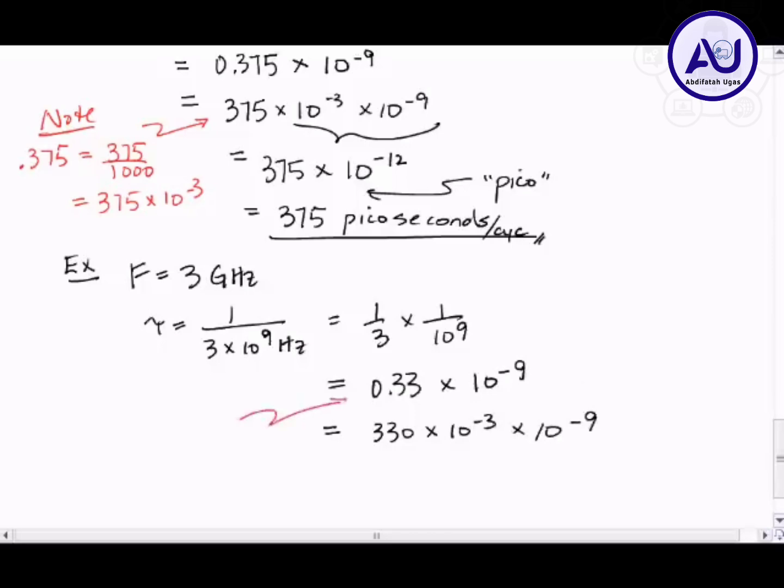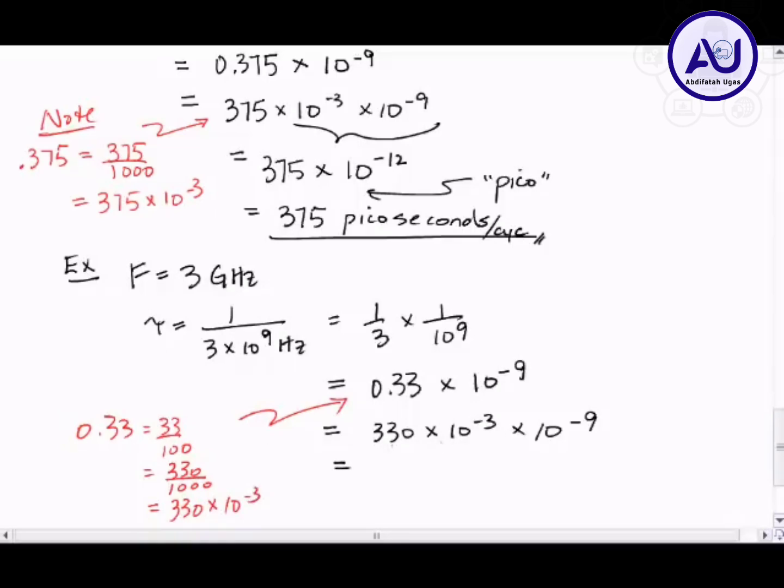So how do we do that? Well, 0.33 is the same as 33 over 100, which is the same as 330 over 1000, which is the same as 330 times 10 to the minus 3.